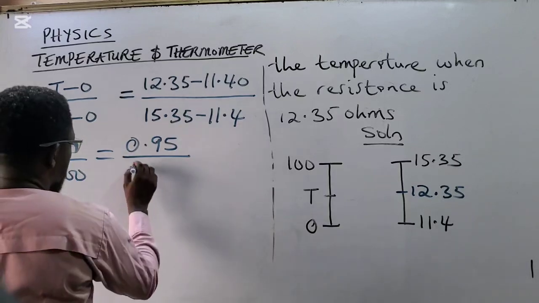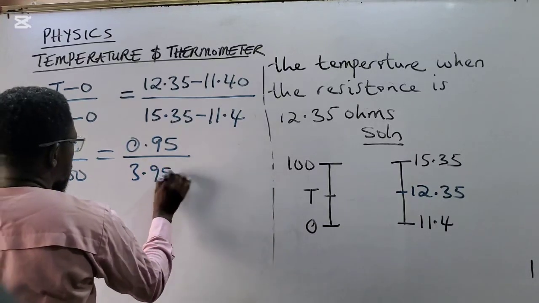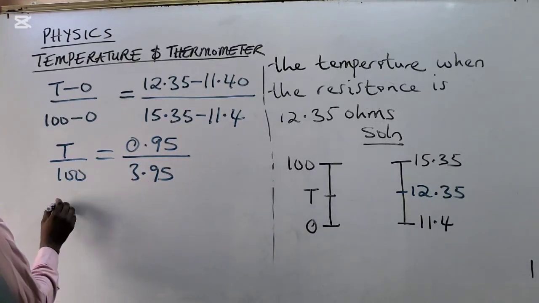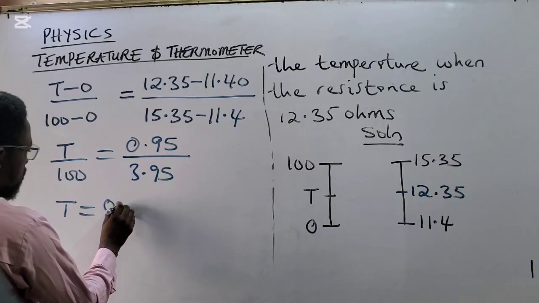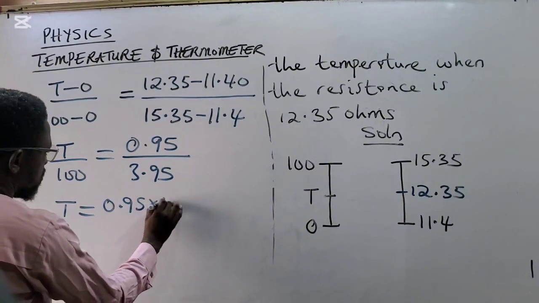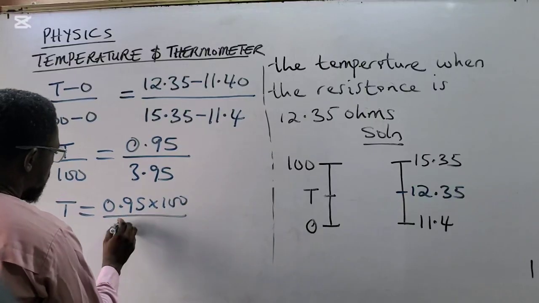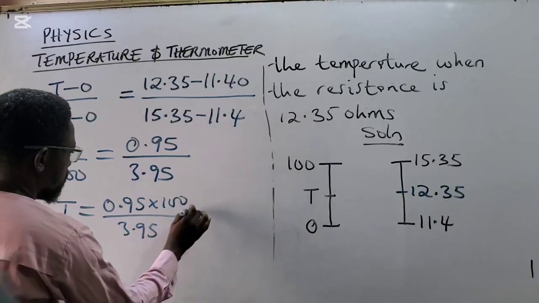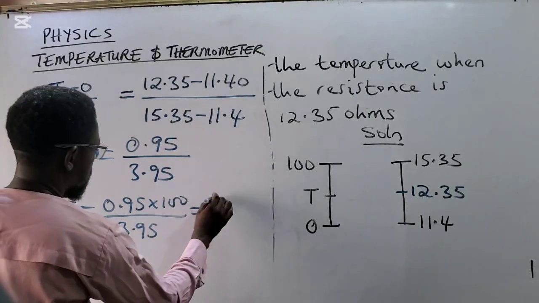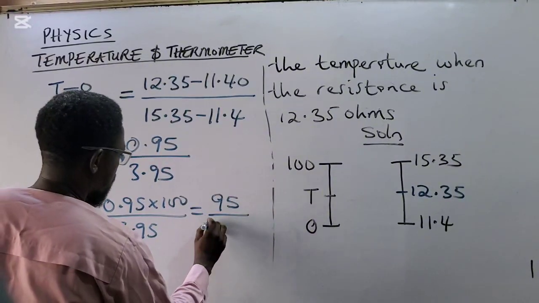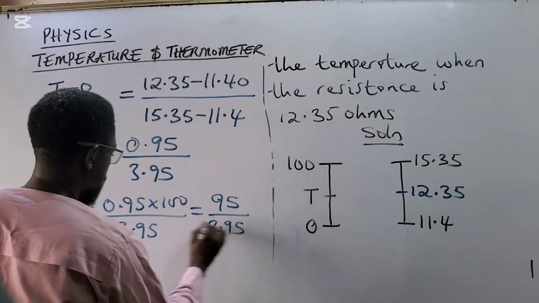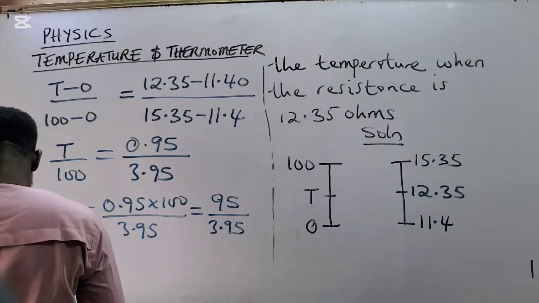Get 3.95. So now we'll cross multiply. We have 100 times this, all over 3.95. So we get 95 all over 3.95.